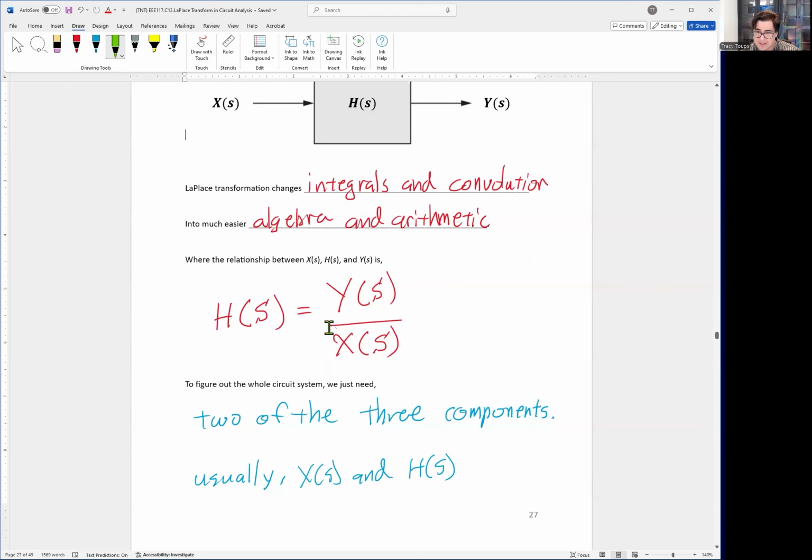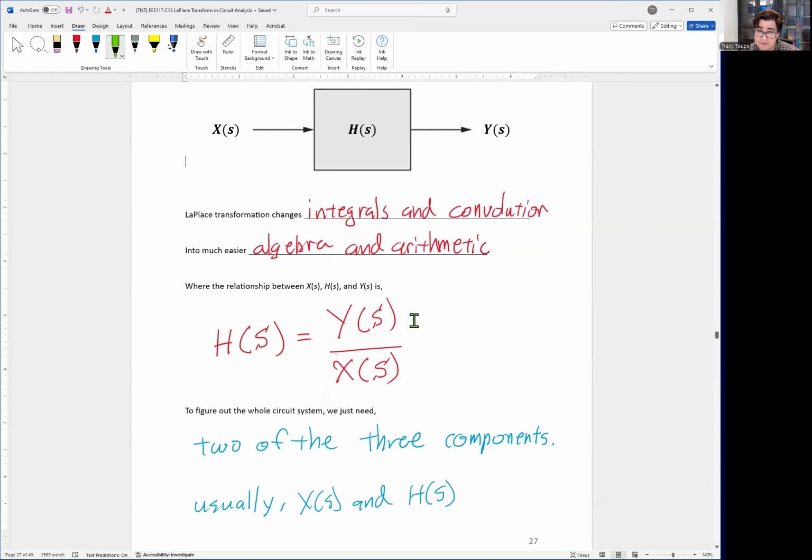So as long as I calculate this right here, y divided by x, I will have a function of a circuit, h of s, and we could go into the parts bin and physically build this circuit. Okay? We could reverse engineer any equation back to resistors, inductors, and capacitors on a circuit board if we're good enough. Okay? So 2 out of 3 of these components is all we need to know everything.